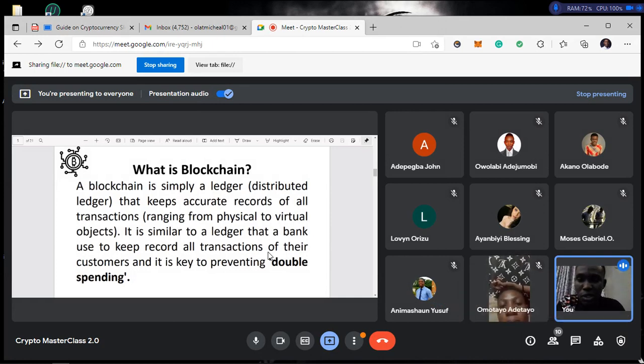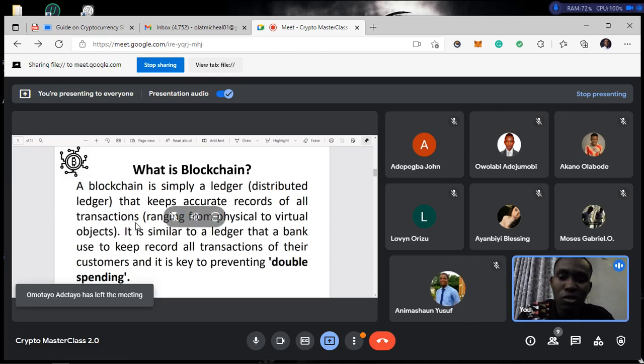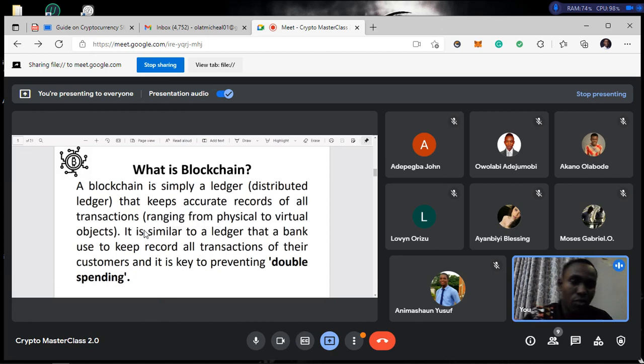And we know the blockchain has a feature of transparency. So both parties performing this transaction can actually view what is happening. So nobody cheats the other. And transactions can be in different forms, ranging from physical to virtual objects. So blockchain allows you to store not just cryptocurrency, but any form of transaction whatsoever.